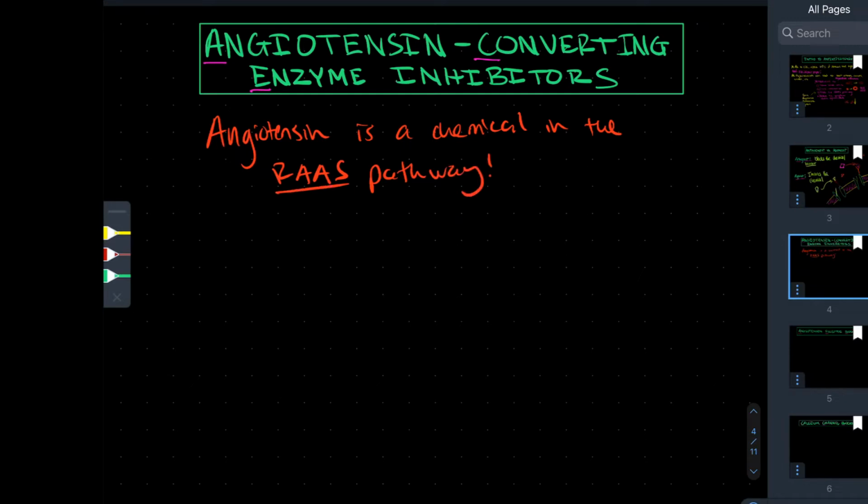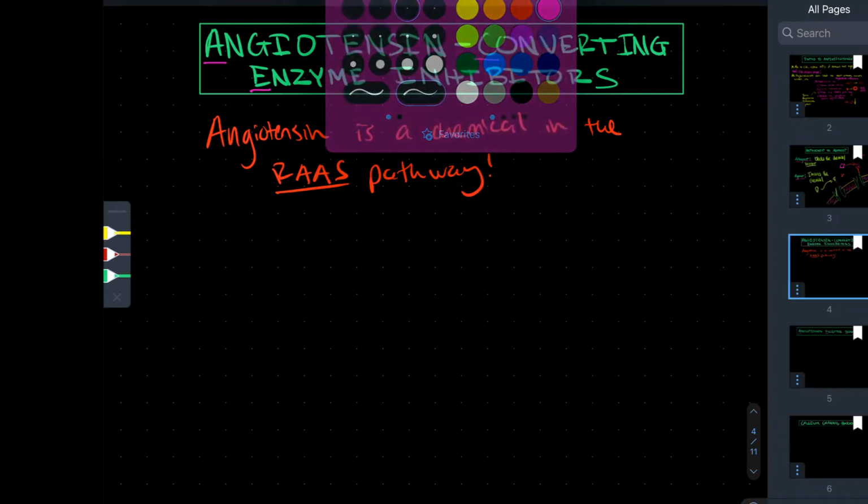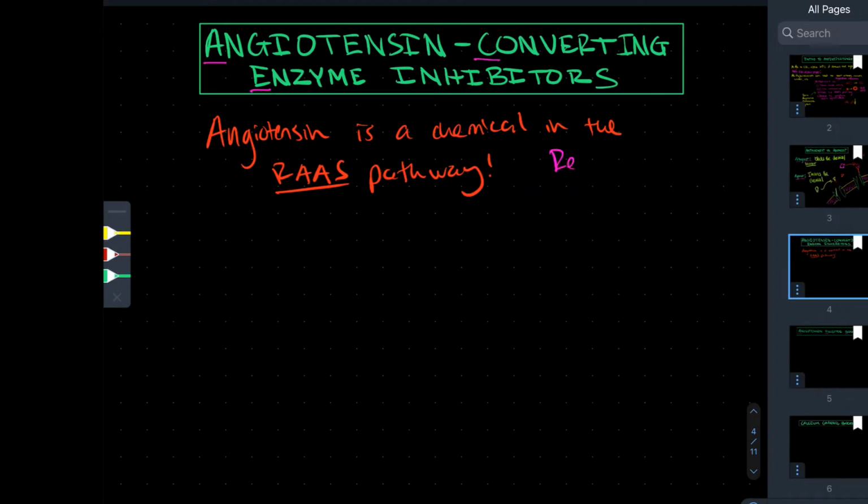So this RAAS, or just RAS, that's how it's referred to, is the renin, angiotensin, aldosterone system.